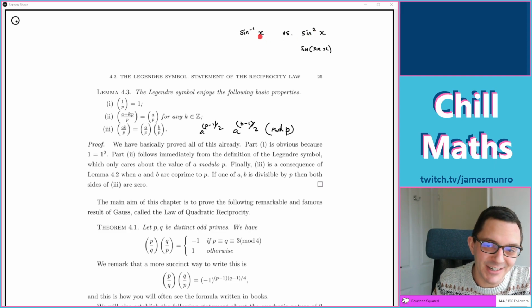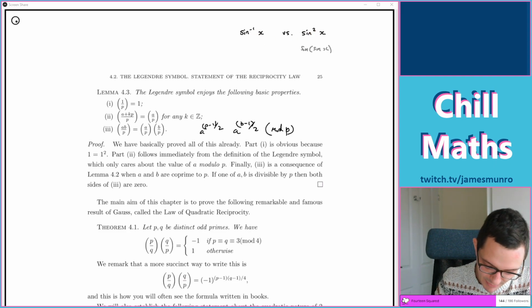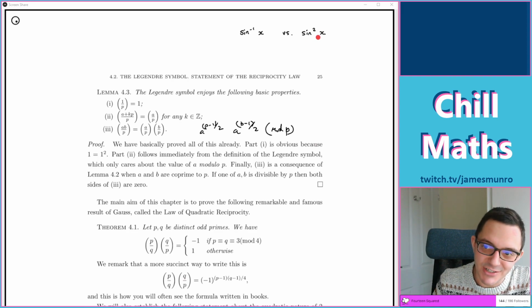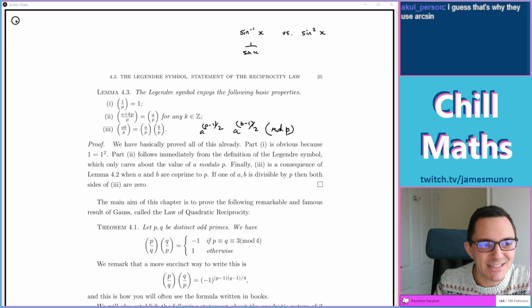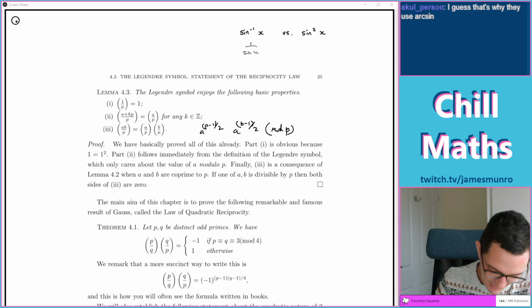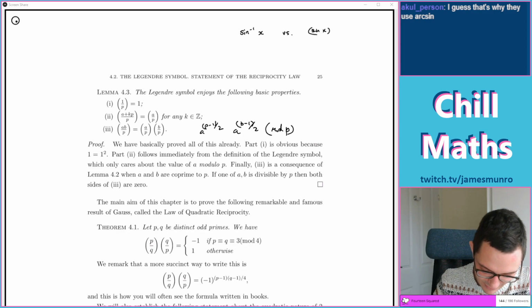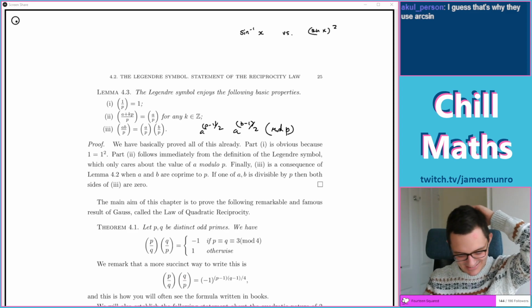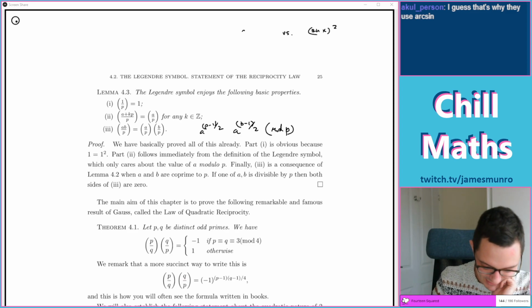If that means undo sine, it should mean do sine twice. But that's not what people mean by it. And when you get used to this notation for sine squared, you sort of think this should mean 1 over sine. This is why some people use arcsine. It's why some people write this. Because if you have both, you can't do any jokes.